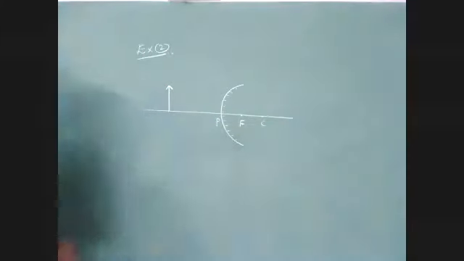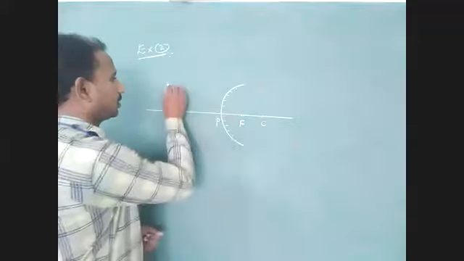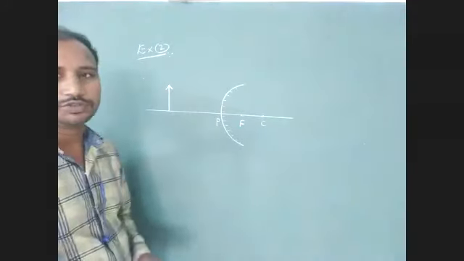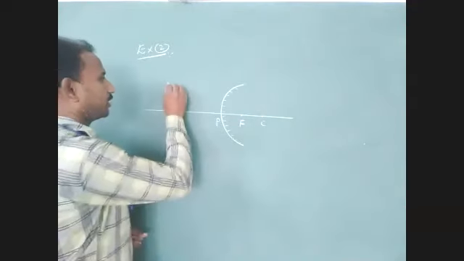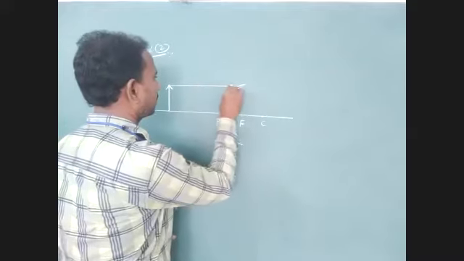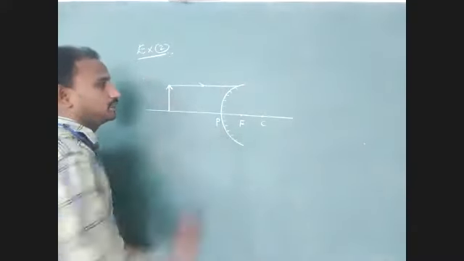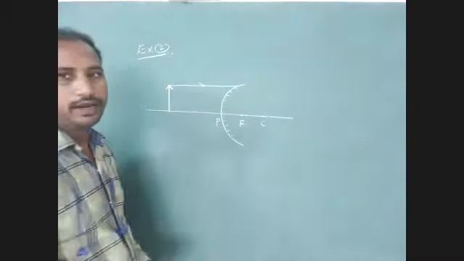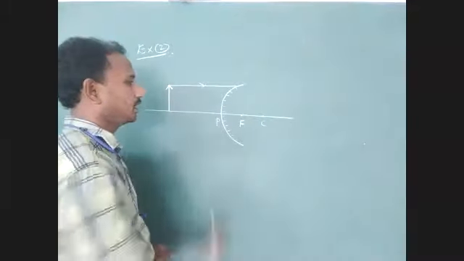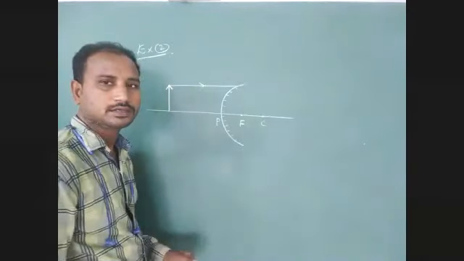Okay, students. Now, first we identify that the source of light is a point source of light. A point source of light produces diverging light rays. So we can consider two diverging marginal incident rays. One marginal incident ray is parallel to the principal axis.